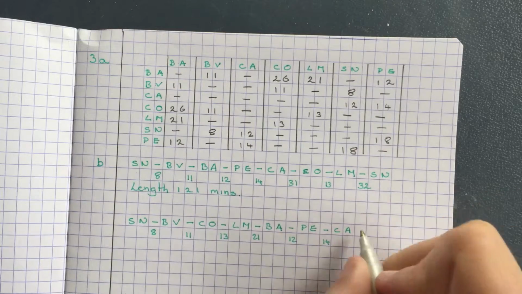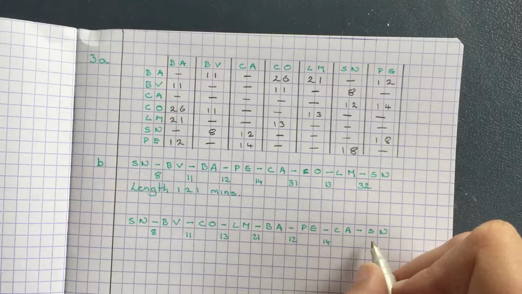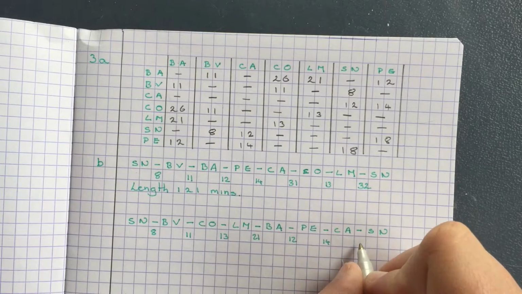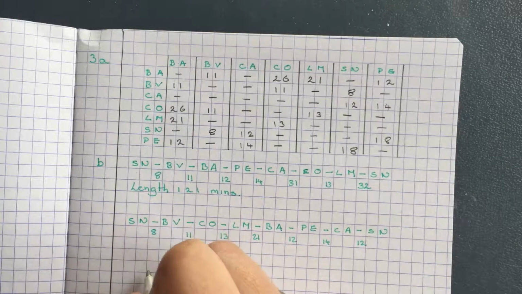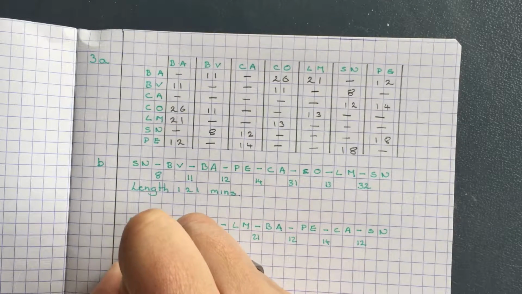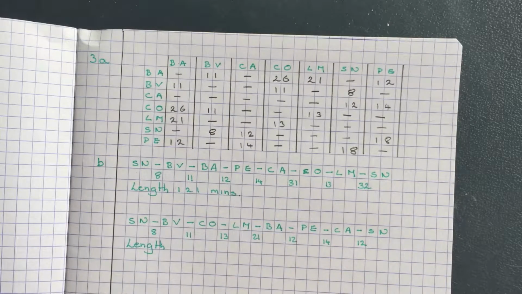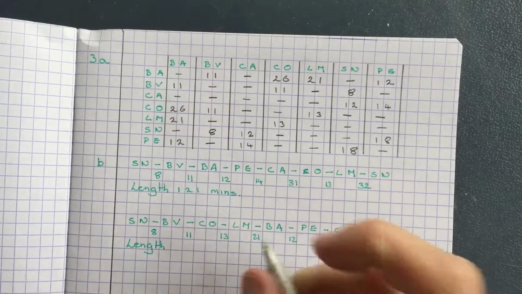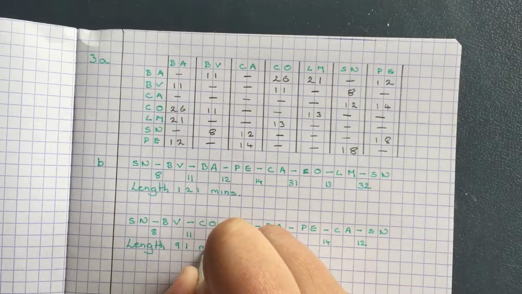And then we've been everywhere. It's a tour. You've got to go home. So we're going to have to go back to SN, and that's going to take us 12. So when we add those up, we end up with a length of 91 minutes.